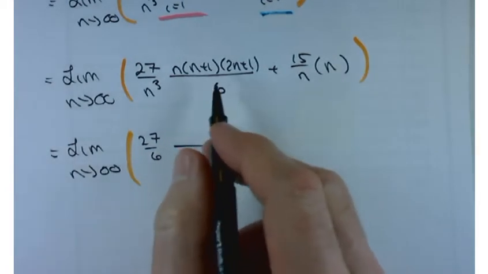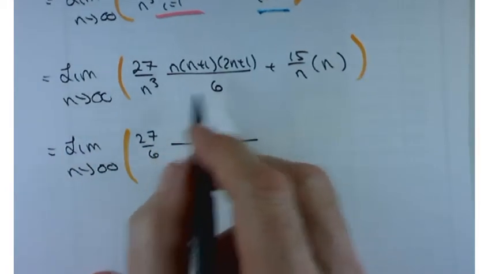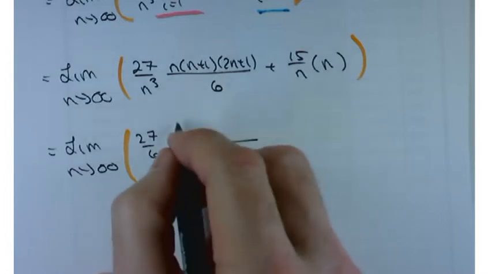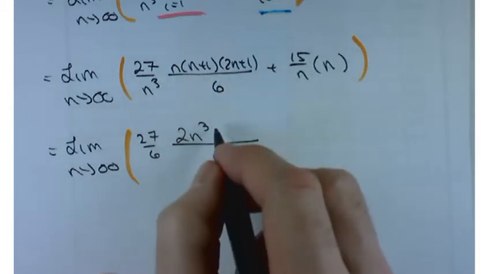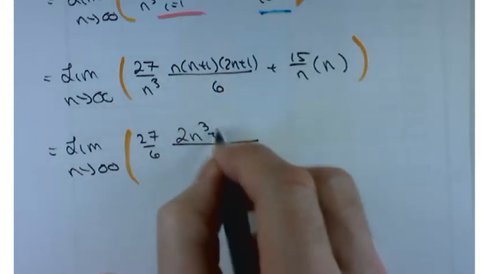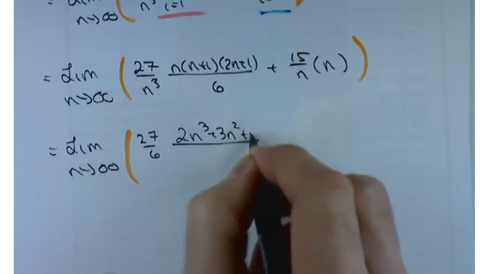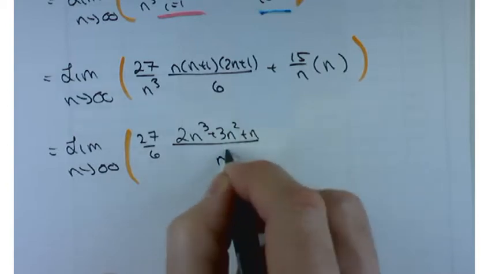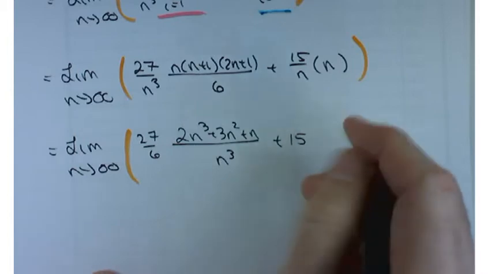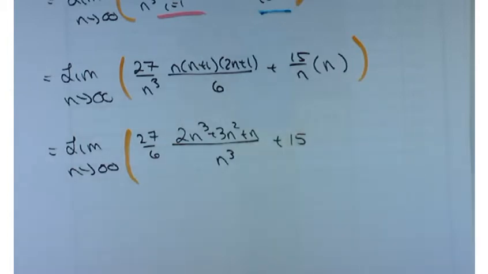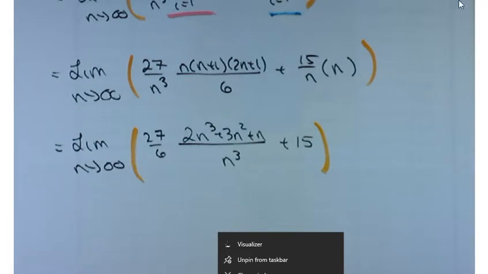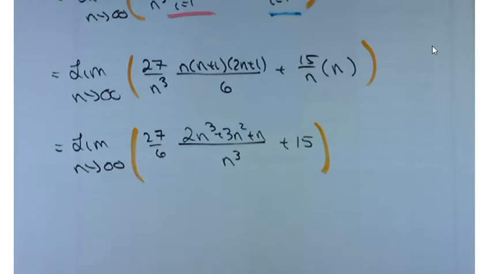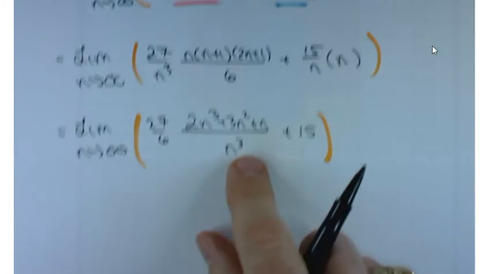And if I multiply this all out, it'd be 2n cubed plus 3n squared plus n, over n cubed, plus 15. All right, now we can get someplace. Now we can really get someplace. In fact, we can finish this one up.